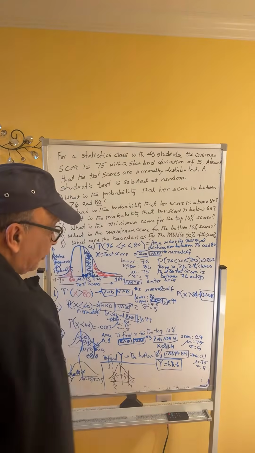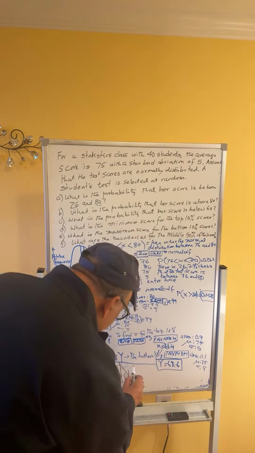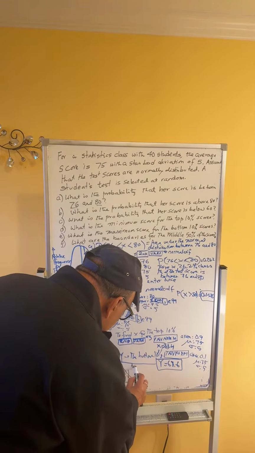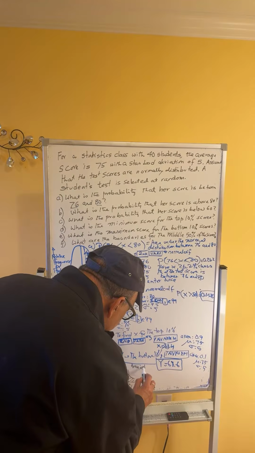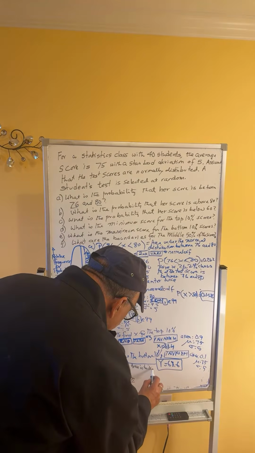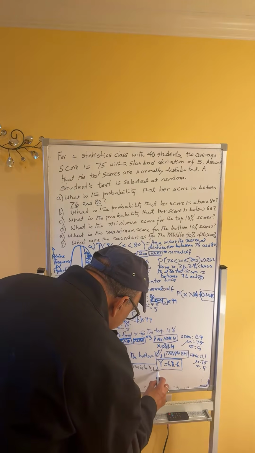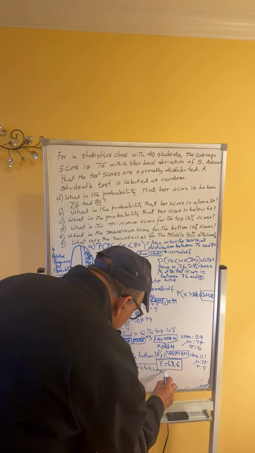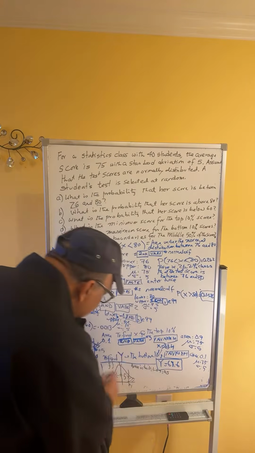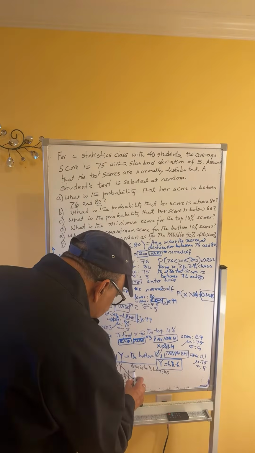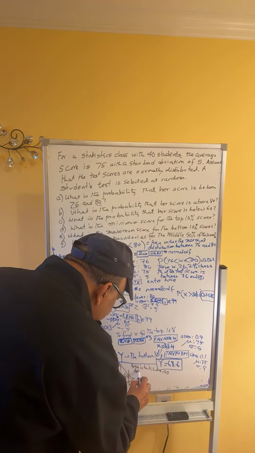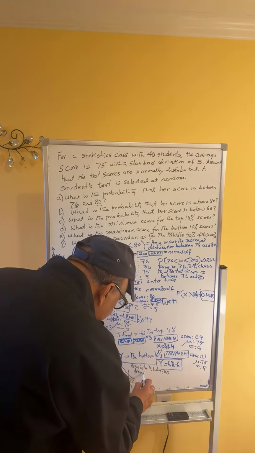1 minus 0.5. So area in tails is 1 minus 0.5, which is also 0.5. Now bell-shaped diagram is symmetric, so area in each tail is half of 0.5.